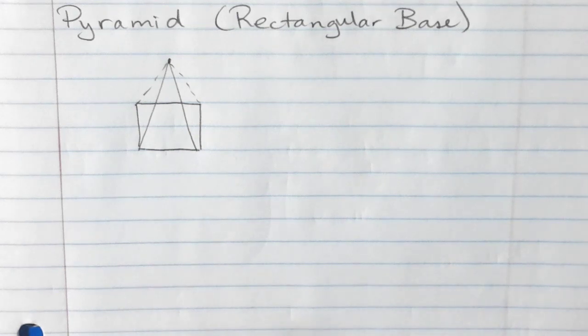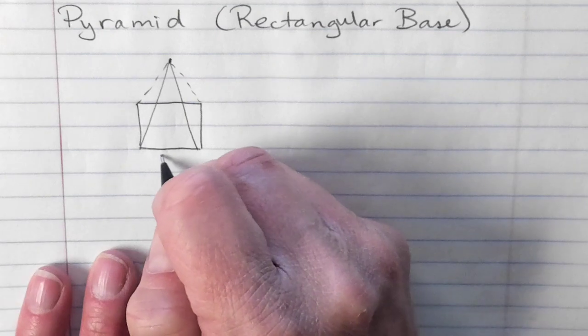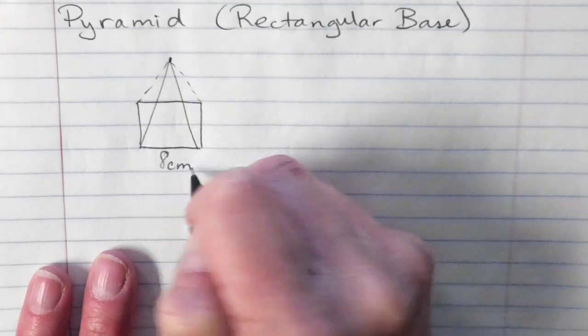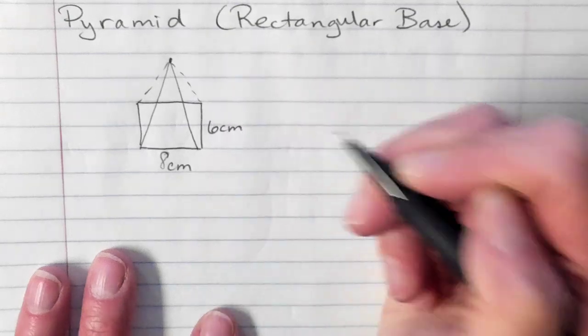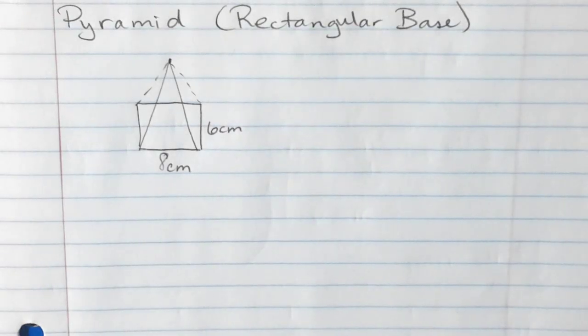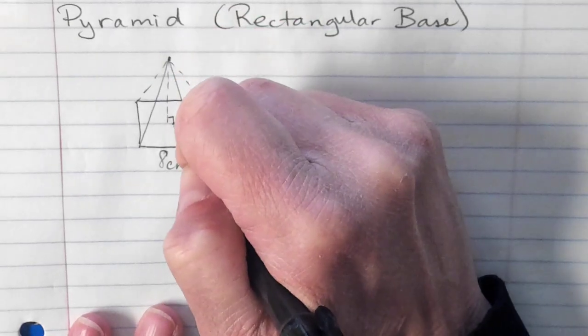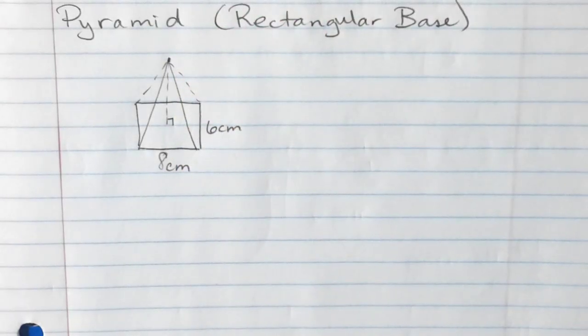I'm going to tell you that the base of this pyramid, the rectangle, is 8 centimeters by 6 centimeters. And then the height is coming from that top point, that peak, perpendicular down to that rectangle base.